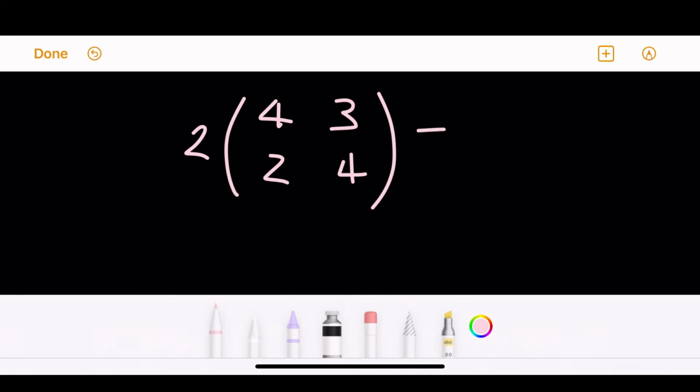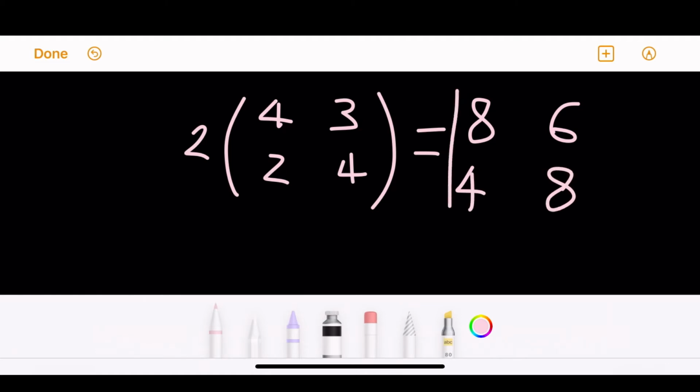This one is very easy because all you do is 2 times 4, which is 8. And then 2 times 3, which is 6. And then 2 times 2 is 4. And then 2 times 4, which is 8. Just multiply the corresponding positions.